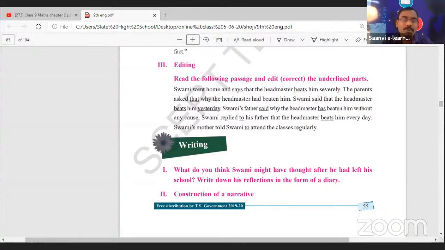Okay. Now we will go ahead with the editing part. All of you take this part, editing. Read the following passage and edit the underlined parts. I will give you 2 minutes. Do it yourself. Later I will explain it.